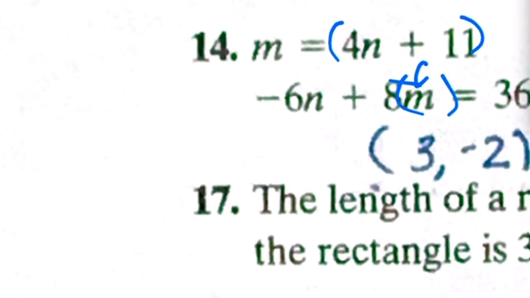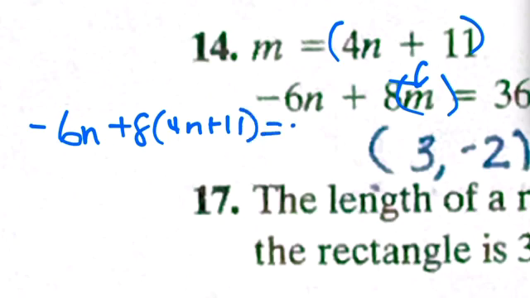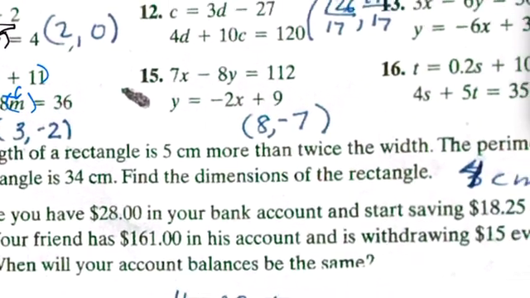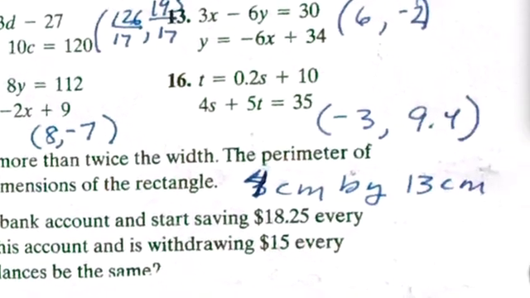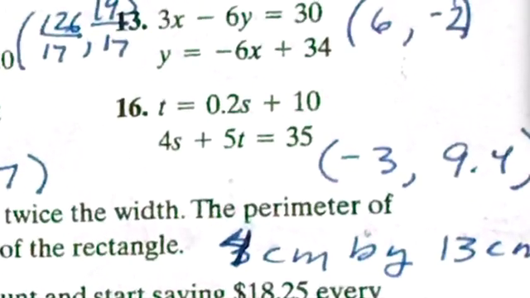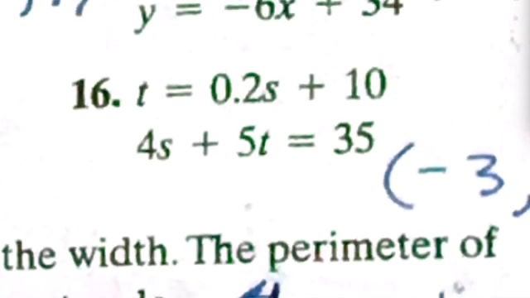So this would be set up as negative 6n plus 8, 4n plus 11 equals 36. Solve for n, then solve for m. Same way. Put that into there.